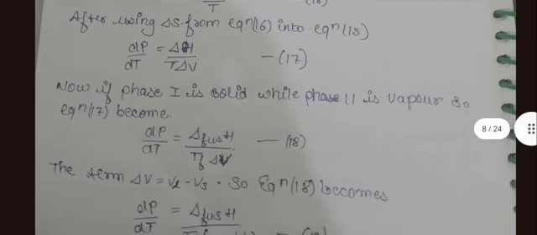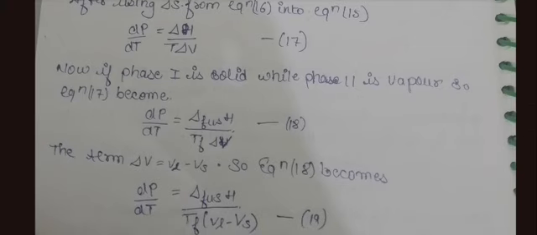Now, if phase 1 is solid and phase 2 is liquid, equation 17 becomes dP by dT equals delta fusion H by Tf delta V. The term delta V equals VL minus Vs. So equation 18 becomes dP by dT equals delta fusion H by Tf (VL minus Vs).